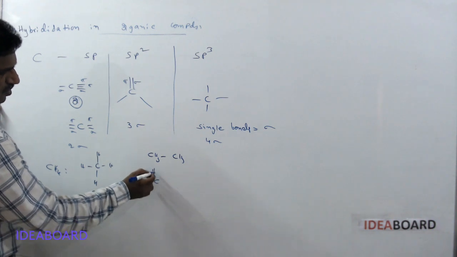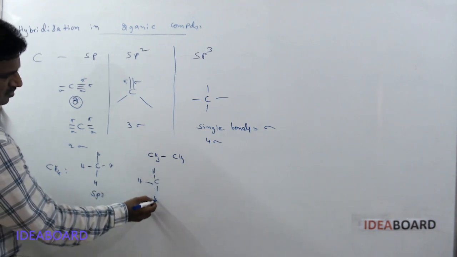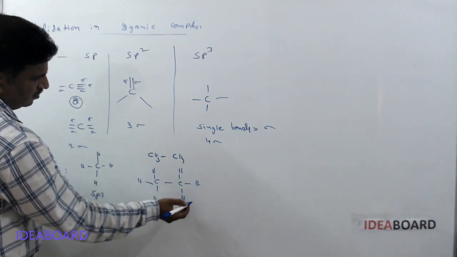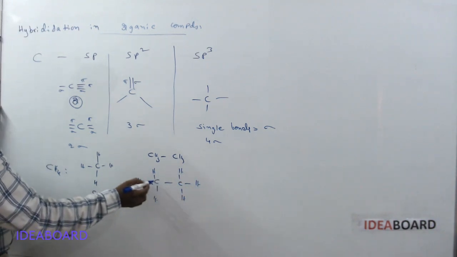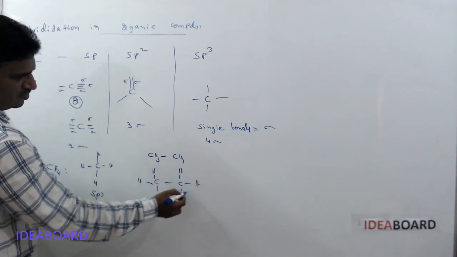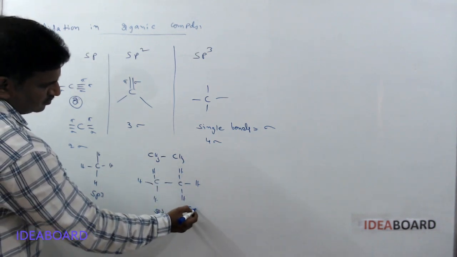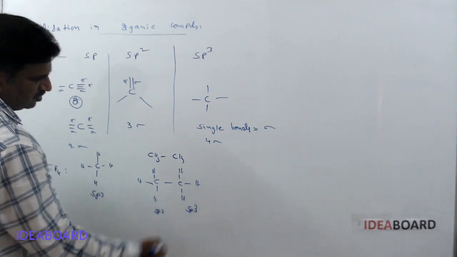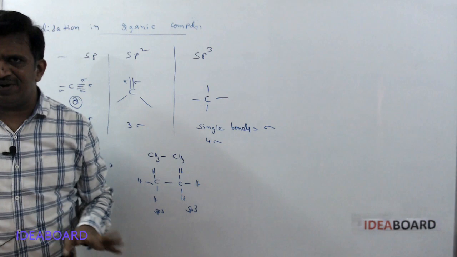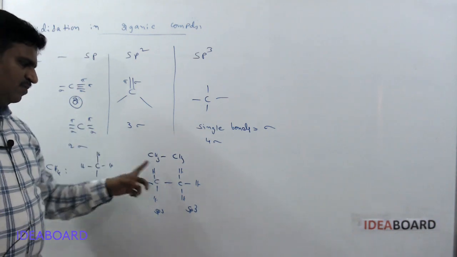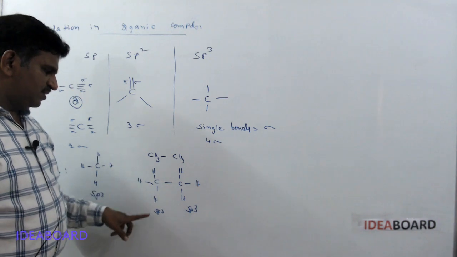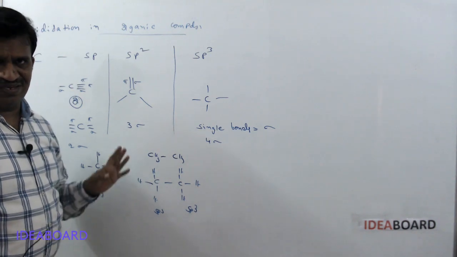Or you can write the bond line structure like this, and here around each carbon, if you see, 4 single bonds are present, so this carbon is sp3, and this carbon is also having 4 single bonds, so it is sp3. This is back side to this and this is front side, whatever it may be, front or back, around that carbon only you can check, and around the carbon 4 single bonds are present, it is sp3 hybridization only.